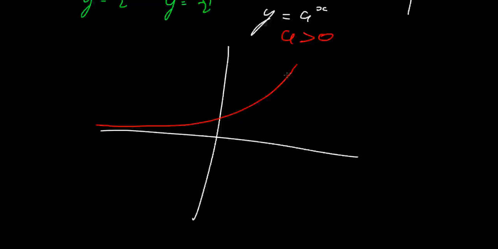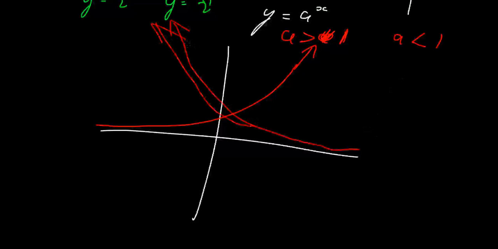If a is greater than 1, your graph will end up looking like this. Okay. If a is less than 1, your graph will end up looking like this. Okay. A is less than 1.